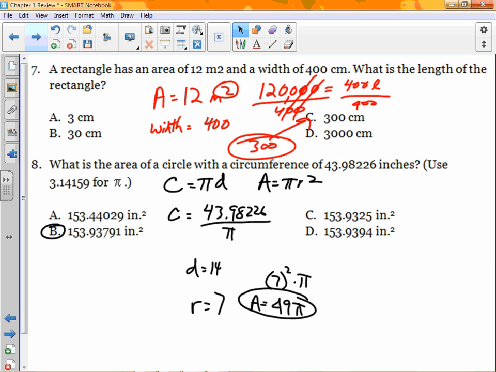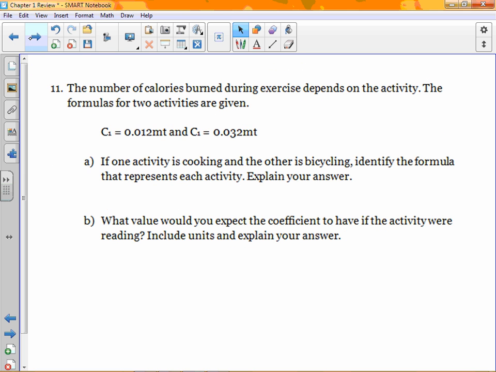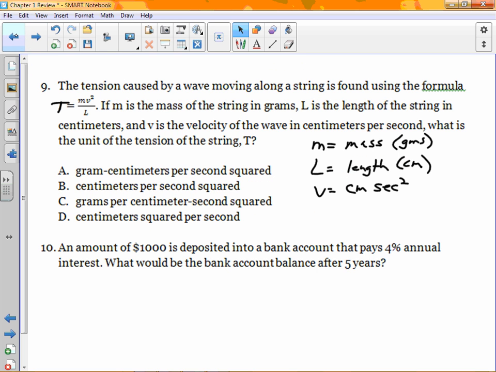So 12 square meters, when I change it to square centimeters, I have to move the decimal 4 places. So I added 4 zeros on it. When you write those problems, guys, you got to think about that. You got to get the same unit of measurement.